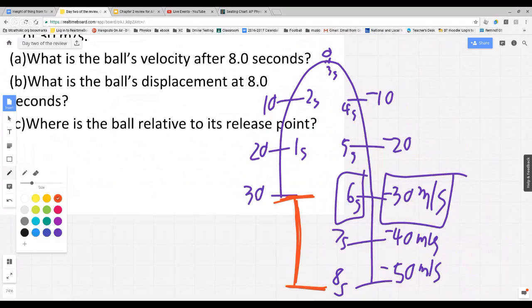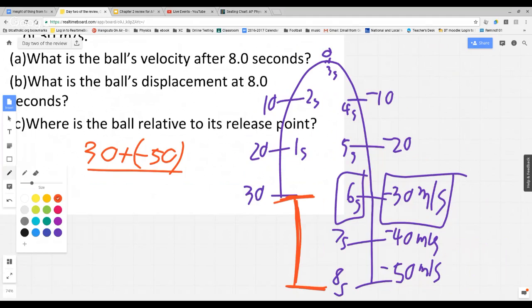You could do the average velocity: negative 50 plus 30. Which is going to be negative 20. So A is negative. If you do 30 plus negative 50, wait, positive 30 or negative?